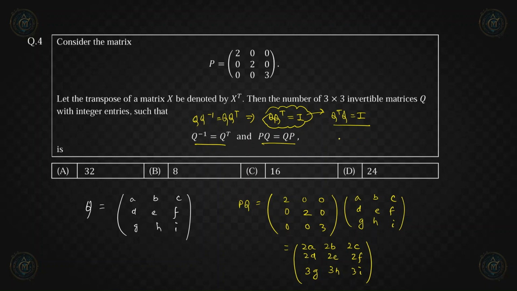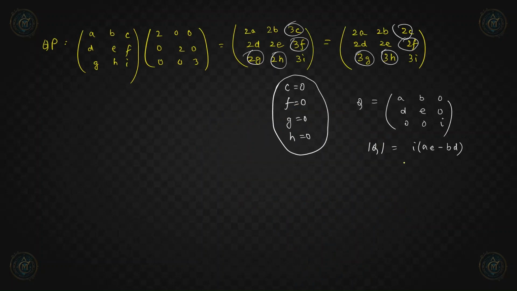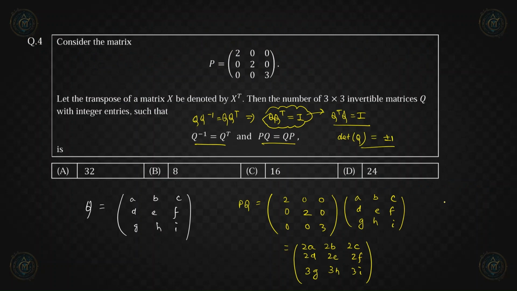And we know the determinant of an orthogonal matrix is always plus minus 1. You take determinant both sides, so determinant Q will be plus minus 1. That means we got one equation from here: I times AE minus BD is going to be plus minus 1, that is for sure. Then if we try to find other conditions, we can say that the trace of QQ transpose is equal to trace of Q transpose times Q. This is the sum of squares of all elements of this Q matrix.